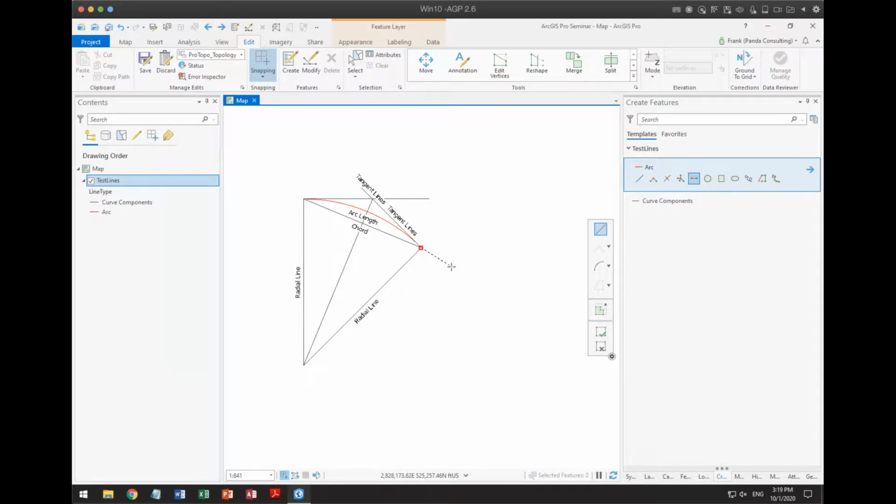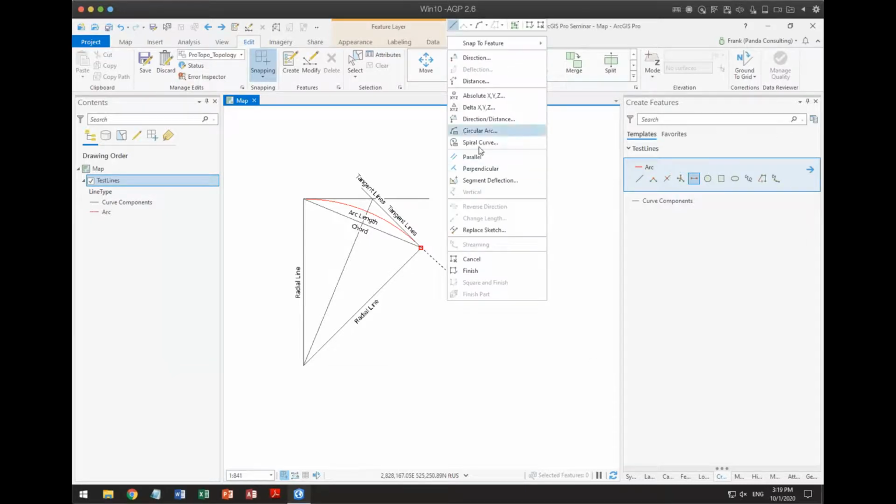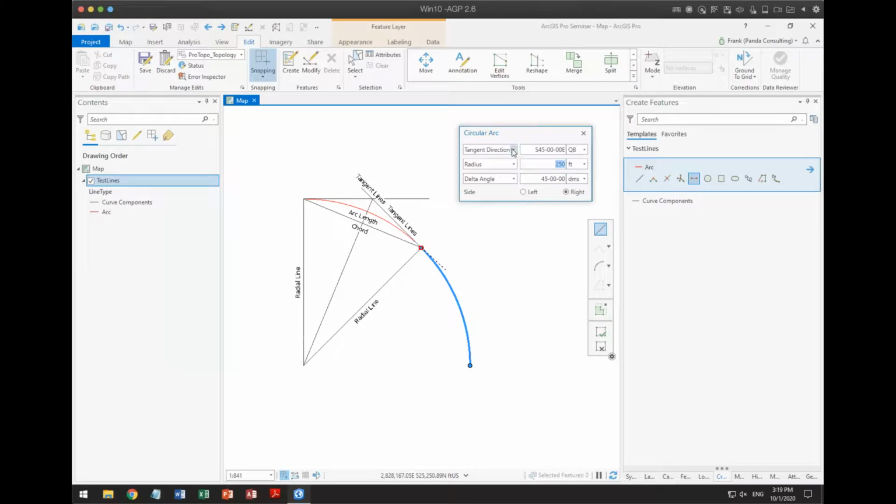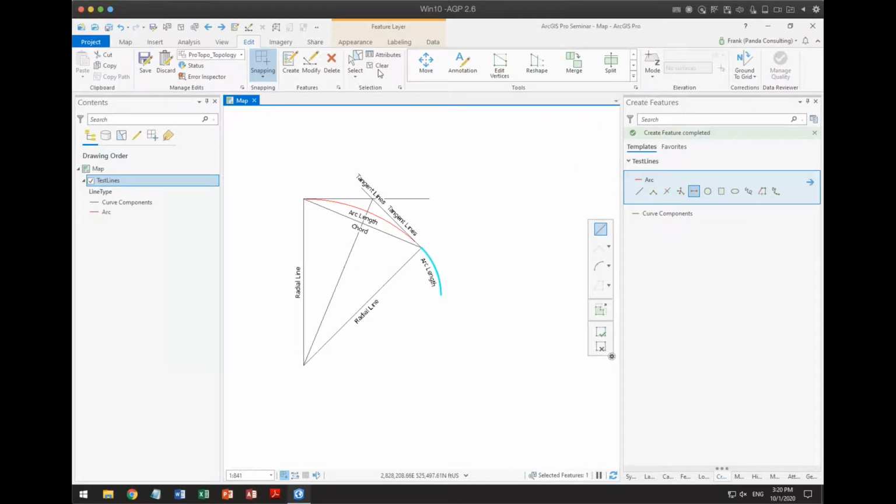But this curve is going to have a shorter radius. So we can go in here to a curve and say that in this case, we're going to take a tangent distance off the previous curve, and our radius now is only going to be 100 feet. And there it is there.